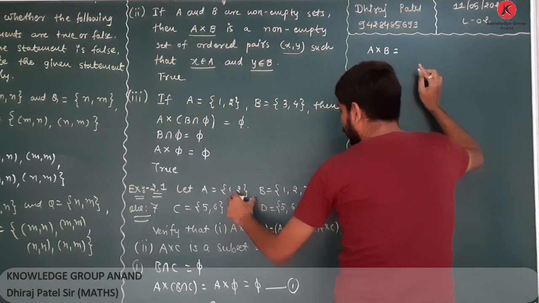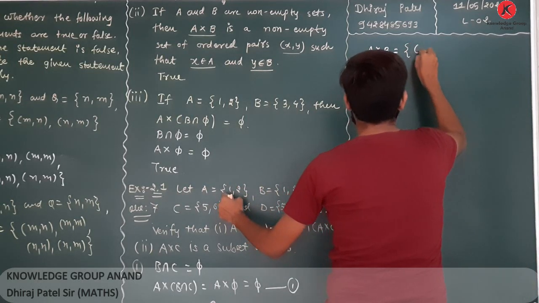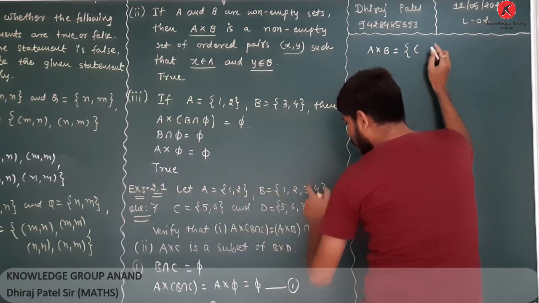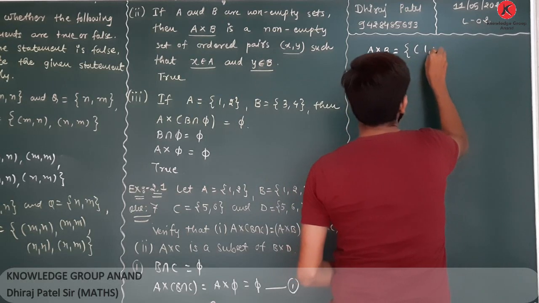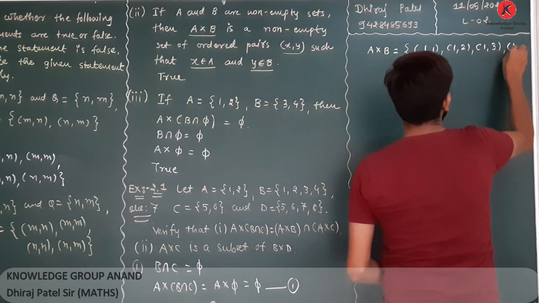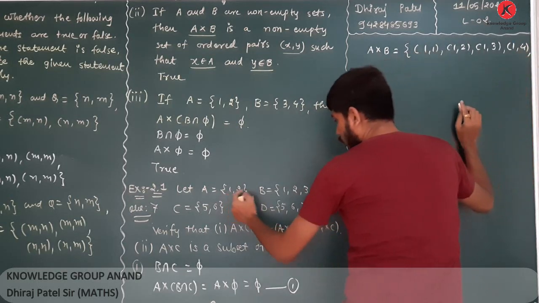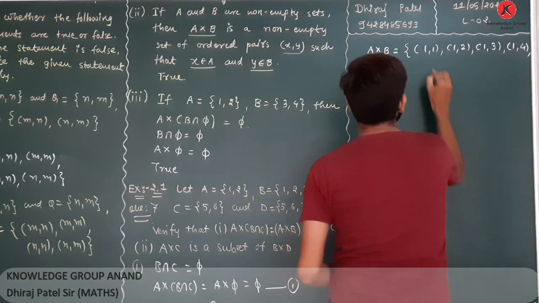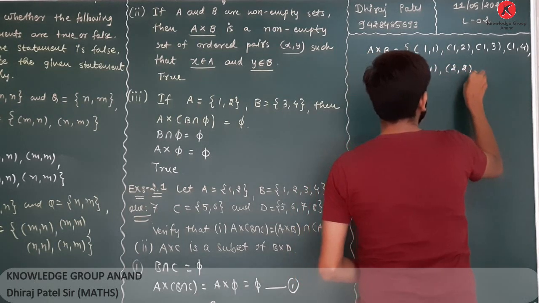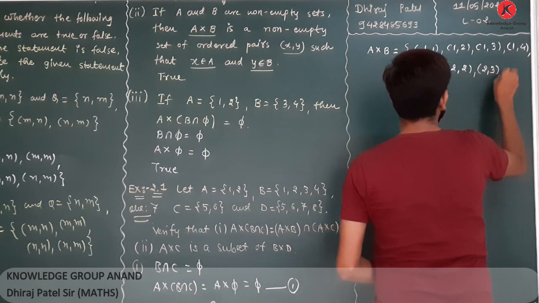Write down A cross B: all possible ordered pairs made by 1, 2 and 1, 2, 3, 4. (1,1), (1,2), (1,3), (1,4), same as 2: (2,1), (2,2), (2,3) and (2,4). Clear?